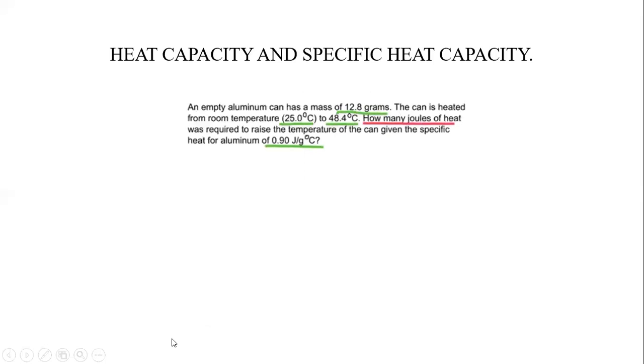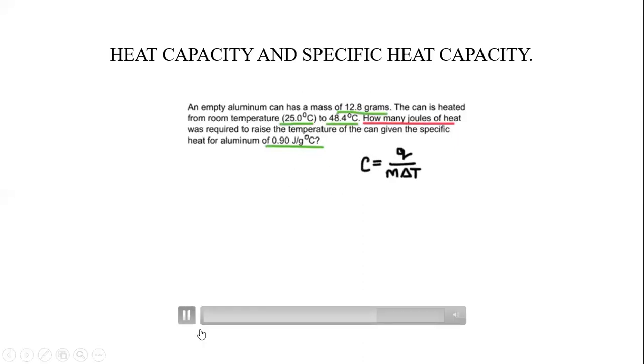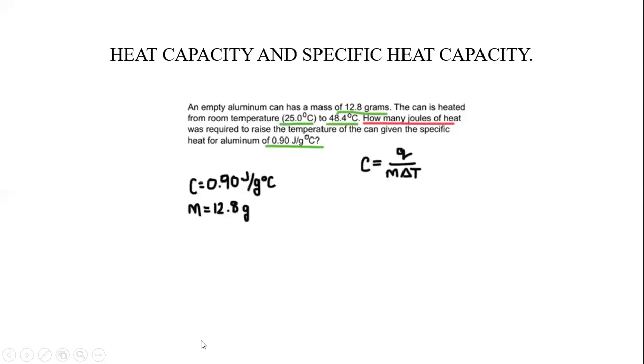When I solve word problems like this, I like to underline the given information in green and then what the question is asking me to solve for in red. The next thing I like to do is just write the equation I would use to solve the problem. Since I'm working with specific heat, I'm going to write down the equation I just learned. And then I'll think about what pieces of information I have. I know the specific heat, that's C. And I also know the mass, it's 12.8 grams.